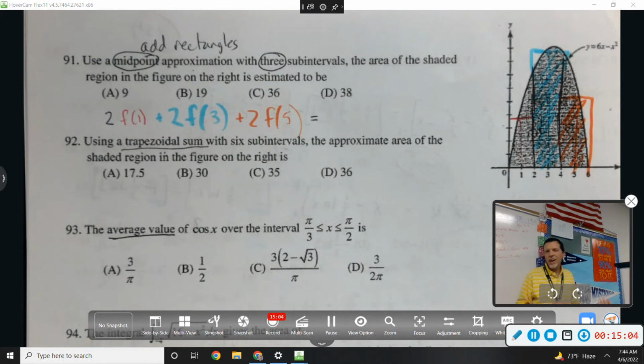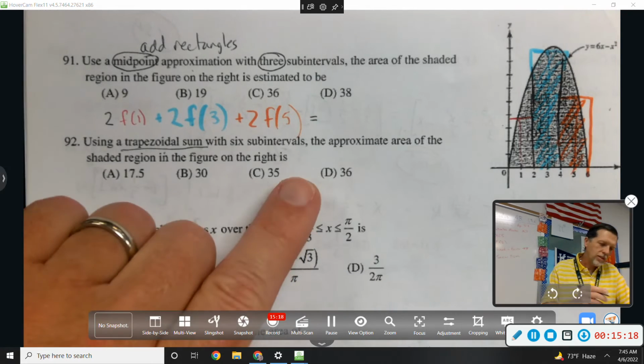So I could factor out the 2. That would be the better mathematical thing to do. But sometimes you lose sight of what you're doing if you factor out a 2. So I think I'm going to leave it in there because it reminds me that I'm just adding rectangles. If I factor out the 2, then I sort of lose sight of what's happening here.